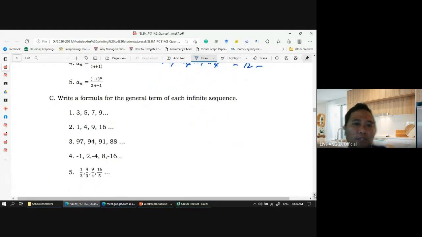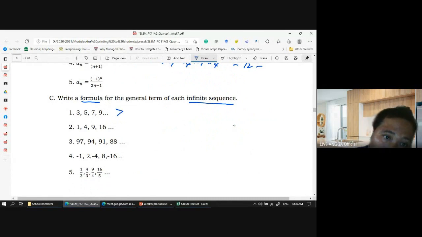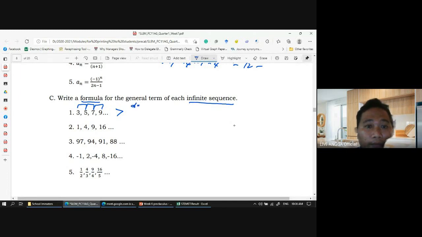Write a formula of the general term. So kung mayroon tayong infinite sequence, paano natin isusulat ang formula for the general term? Okay, paano makuha ito? Kung sequence lang man siya, kuhaon lang natin ang difference. Ano ang difference dito? 5 minus 3, 7 minus 5, 9 minus 7. Ang difference ay 2.